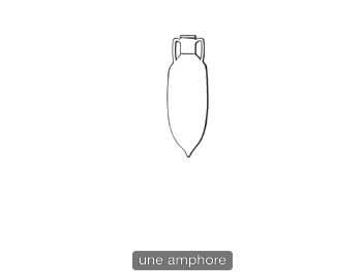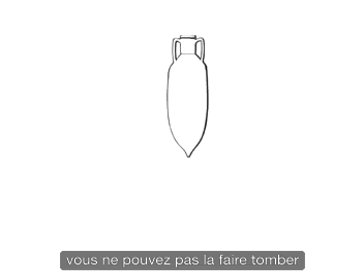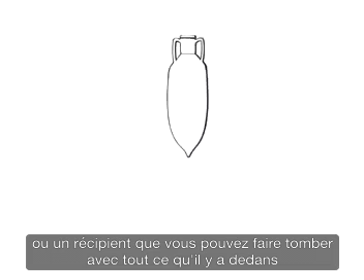An amphora looks like this. Amphora has this round bottom on it, so you can't put it down. So it's not like a vase or a storage jar that you can put down and hold stuff in.